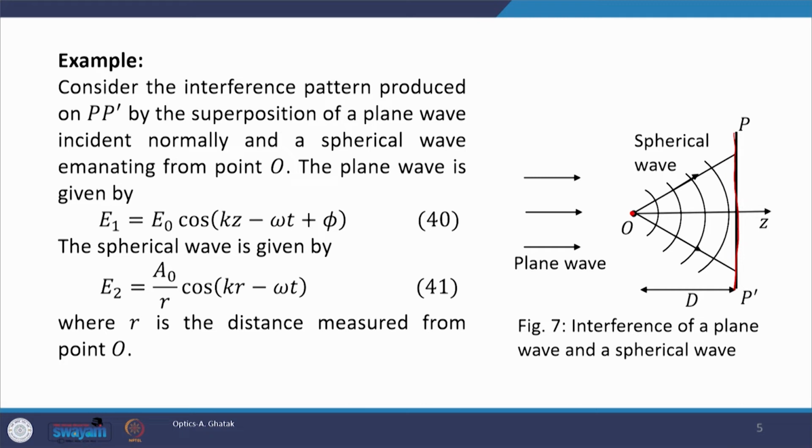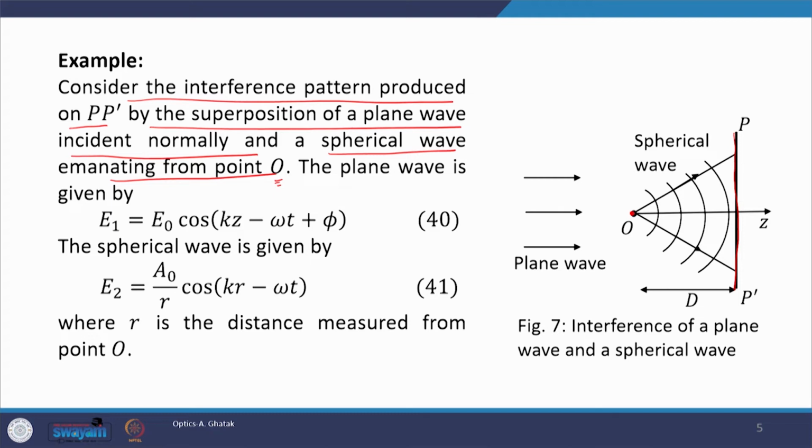As a solution, consider the interference pattern produced on P P prime by the superposition of a plane wave incident normally and a spherical wave emanating from point source O. To find the intensity distribution of the resultant disturbance, we will first write the expression of the electric field for the plane wave, then the expression for the electric field of a spherical wave, and then sum them up.